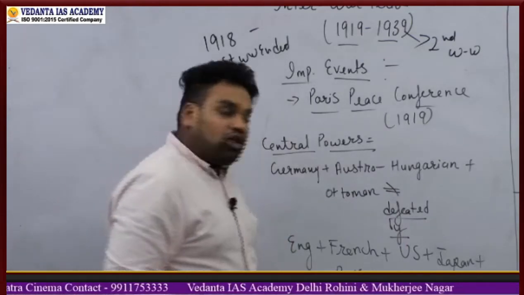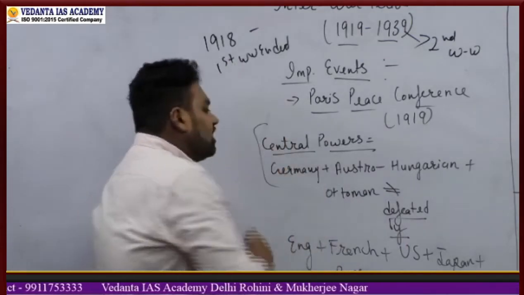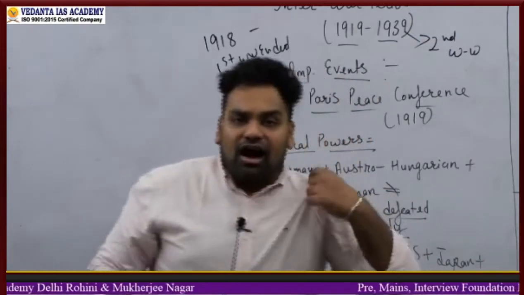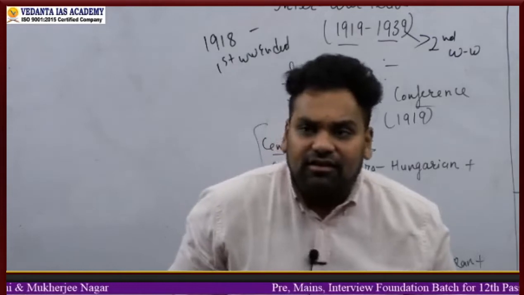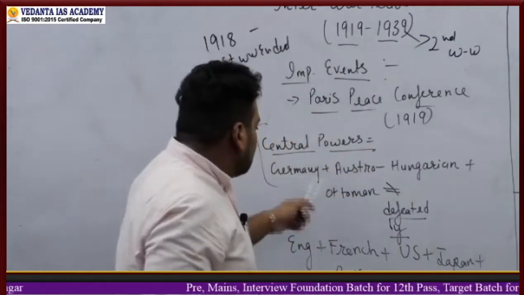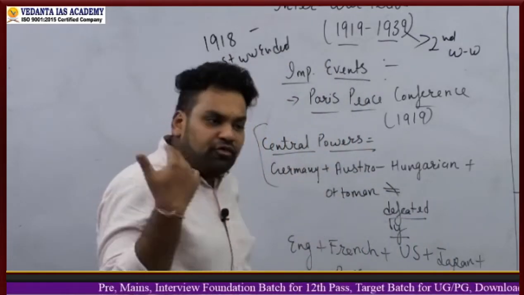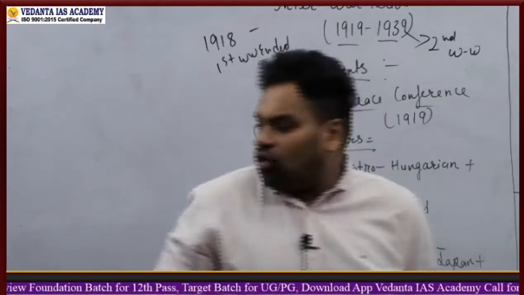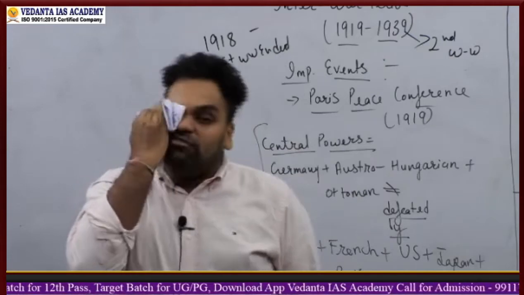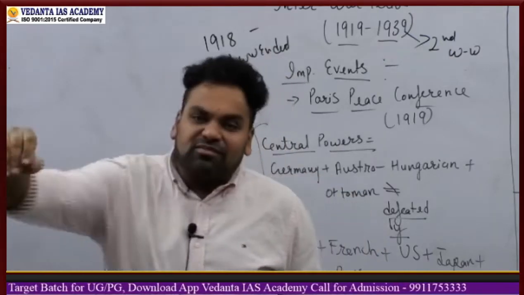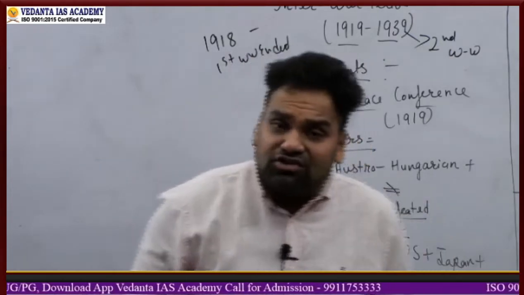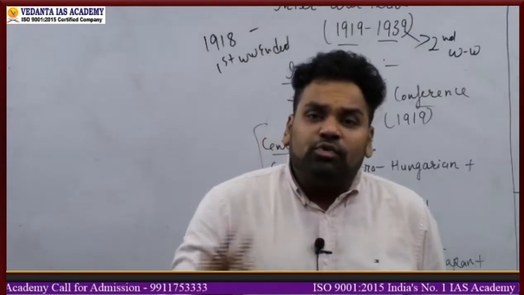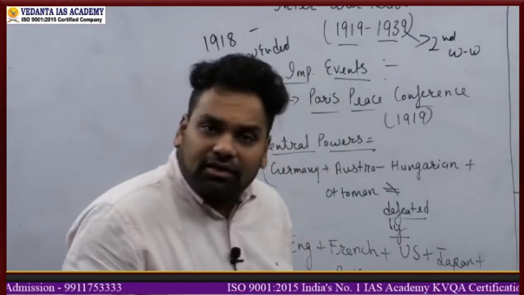what we will see is agreements, treaties, between the defeated powers and the victorious powers, right? Whenever a war ends, it ends with a treaty. That is something you have seen in modern India also, like the Battle of Buxar, which ended with the twin treaties of Allahabad, right?